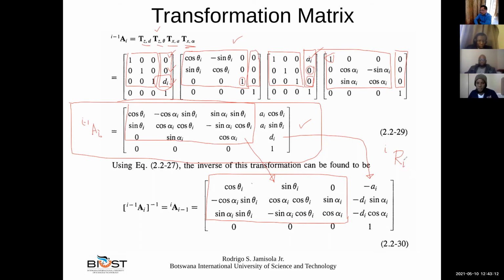Here is i minus 1, and the position of i minus 1, which was this one before, i minus 1 to i, then negative. What is the physical meaning of that? Let me explain this one because it will be easier if you can see the physical interpretation.